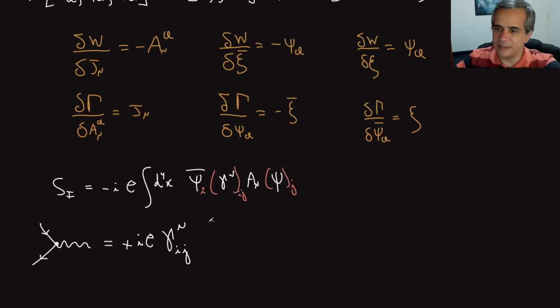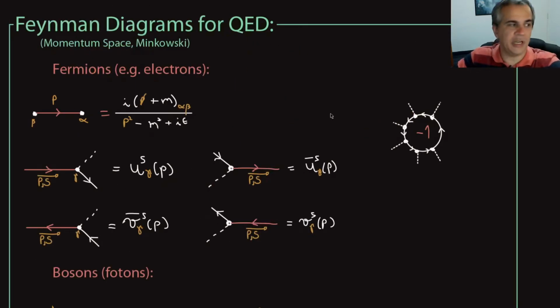Now let's write all the Feynman rules in Minkowski space, and here they are. Remember, we are now in Minkowski space, momentum space, which is the most useful one. So I have here the propagator for fermions, the same thing as always. Remember, it carries two spinor indexes, so I'm using alpha, beta, and gamma here for spinor indexes.